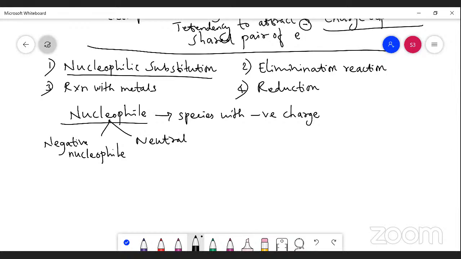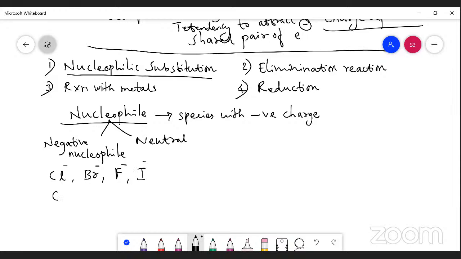Just an example for a negative nucleophile: you take Cl minus, chloride ion, Br minus, bromide ion, fluoride ion, iodide ion, cyanide ion, nitrite ion.